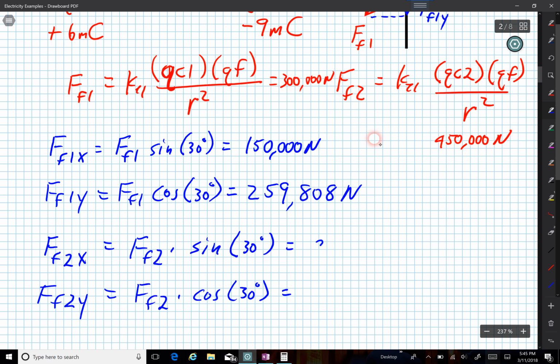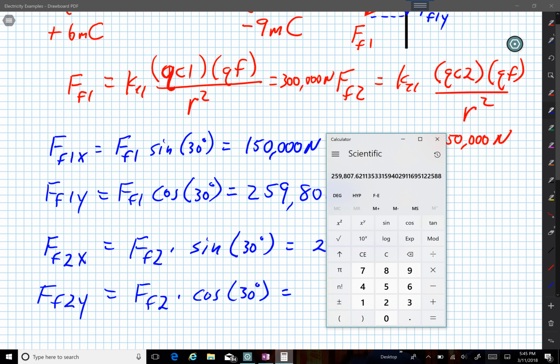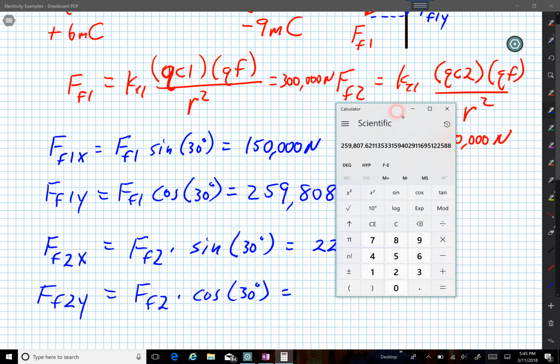So this is going to be 225. And this one's going to be, let's see, $450,000.